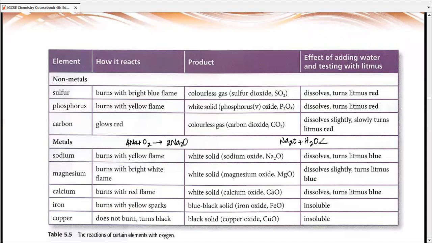That happens really quickly, and it forms the famous alkali sodium hydroxide. Sodium hydroxide is a strong alkali. It can definitely and easily turn the litmus paper from red to blue.